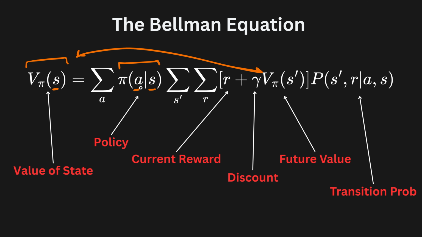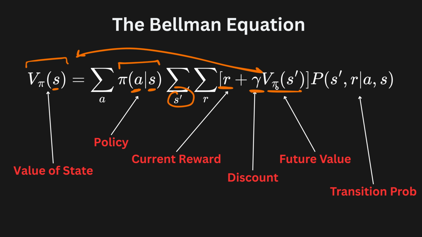So we multiply our policy times all of this stuff here, which is: if I take this action at this state, the environment will provide me this reward. This is the reward the environment provides me. Hey, you made it to this new state S prime. And then I add to it the future values of the next state, discounted by a discount factor.